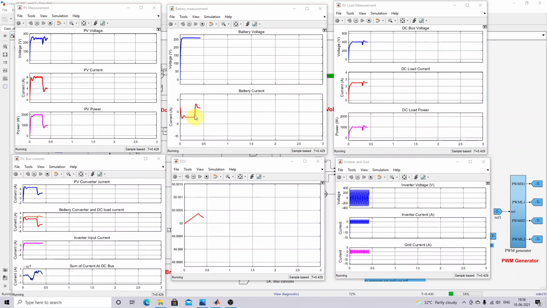Now you can see that the battery changes direction. That means charging mode to discharging mode, so the current goes from negative to positive. Now you can see that the SOC of the battery is decreasing. That means the battery is in discharging mode. So you can see that the DC load receives the power as well as the AC load also receives the power here, right?